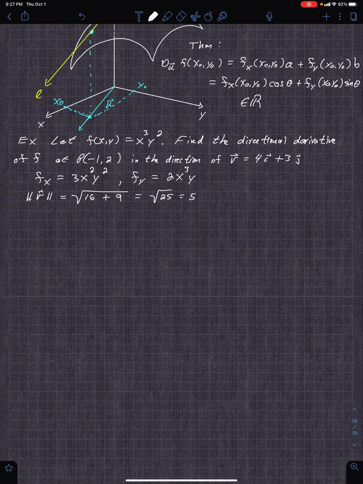Well, that makes it kind of nice, huh? So my u is equal to 4/5 i plus 3/5 j.